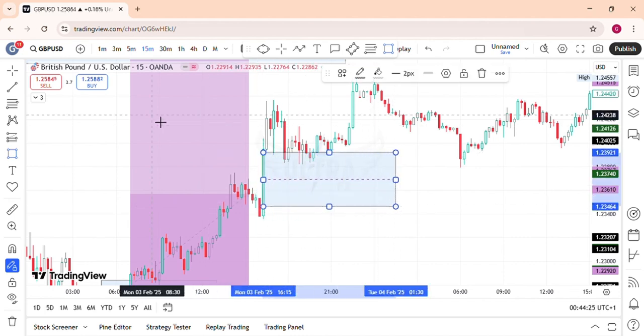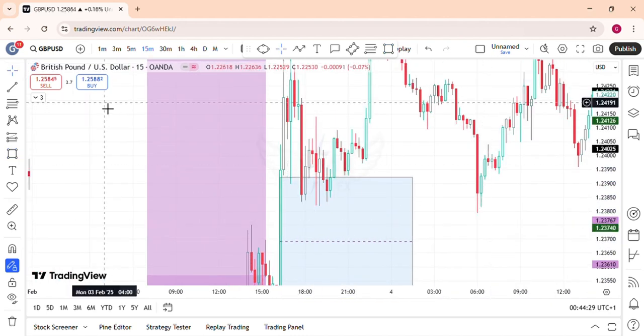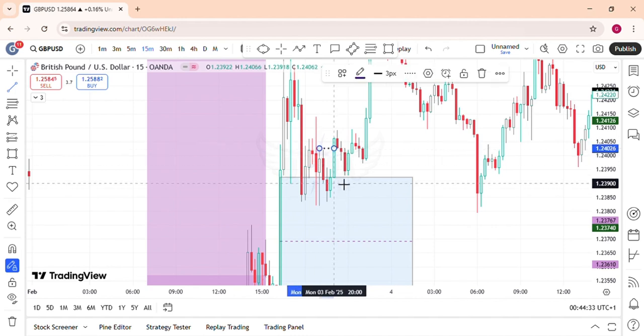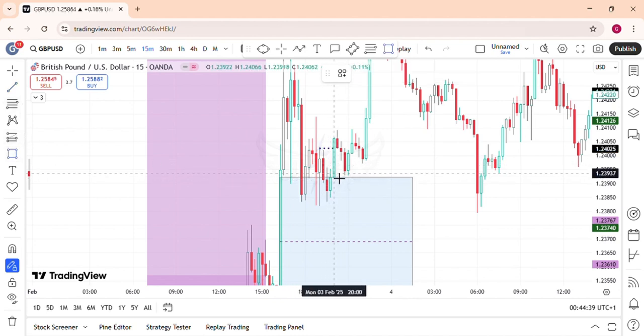What you need to look for now is your break of market structure and a fair value gap. So you can see your break of market structure right here. Market broke above it and returned, tapping into this fair value gap right here.